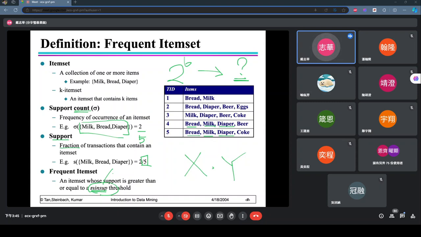However, of course, if you set this as a very small number, like you don't set it at all, like 0, then you will take X into account. In that way, you cannot shrink the search space of X and Y. You cannot reduce the calculation.